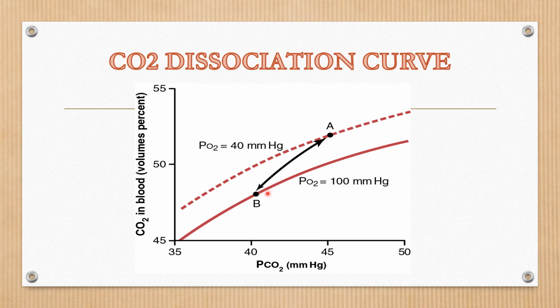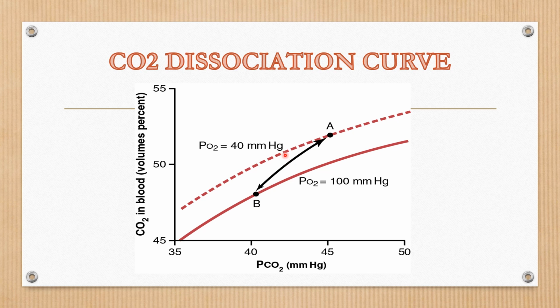This means that at the tissue level, blood reaching the tissues is capable of drawing more CO2 from the tissues at lower PO2 compared to higher PO2. Because of Haldane's effect, the CO2 dissociation curve shifts to the left when blood flows in the tissues.